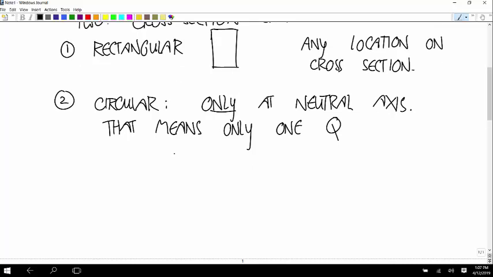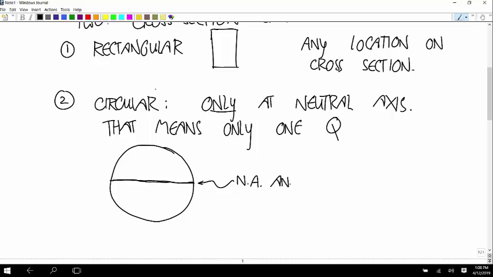Because remember the definition of Q, if this is the neutral axis, and that also is our line of interest, and that means that this is the area.